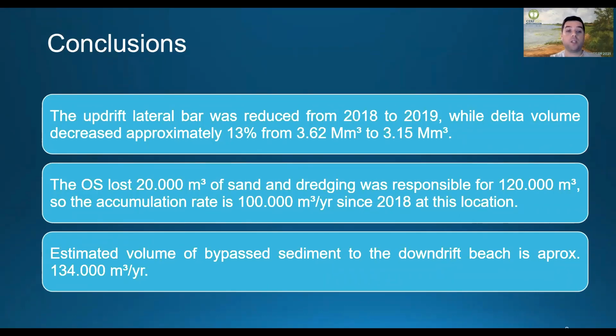The outer shoal lost 20,000 cubic meters of sand, and dredging was responsible for the removal of 120,000 cubic meters of material, so the accumulation rate is 100,000 cubic meters per year since 2018 at this location. The estimated volume of bypass sediment to the downdrift beach is approximately 134,000 cubic meters per year.